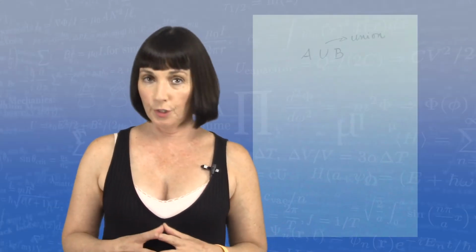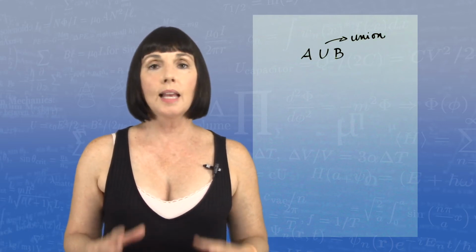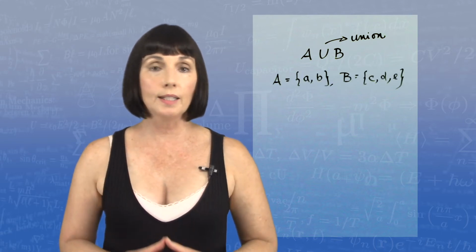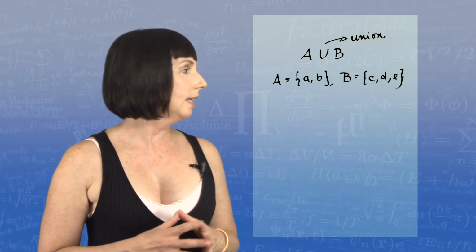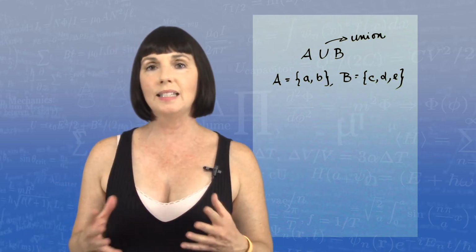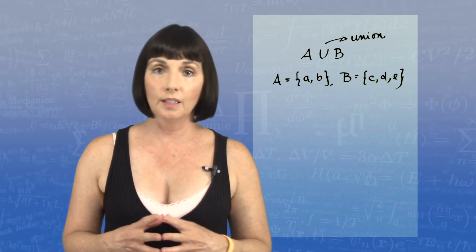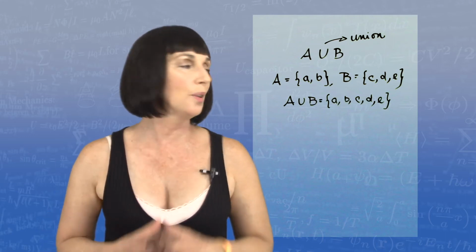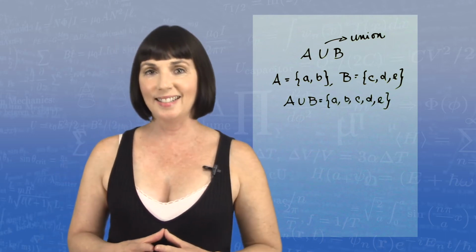The union of two sets, A and B, is the set of all elements in both A and B. So, for example, I have a set here. A has the elements a, b, and B has the elements c, d, and e. The union of sets A and B is everything in A and everything in B. So it's {a, b, c, d, e}.